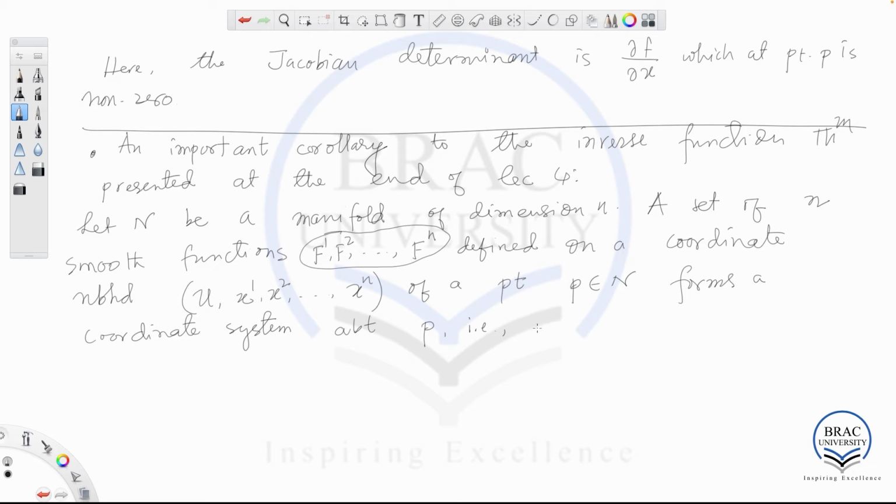That is, there exists a coordinate neighborhood (W, F1, F2, all the way up to Fn).